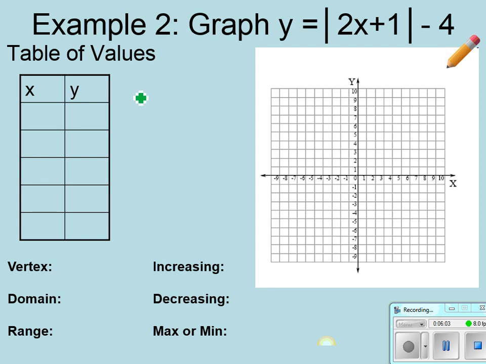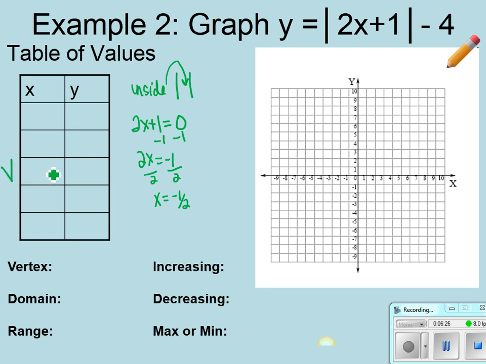So just like the parent function, we take what's inside the absolute value, we set it equal to 0, and we solve for x. So the x value of our vertex is negative 1/2.